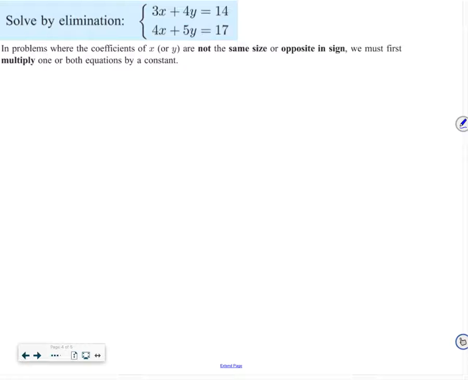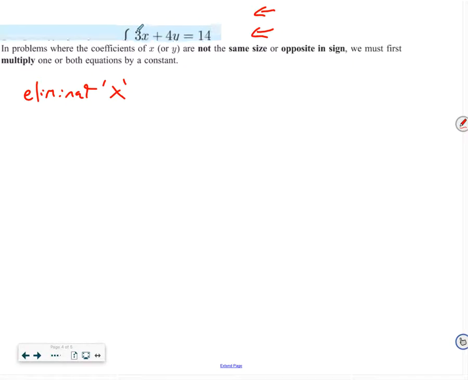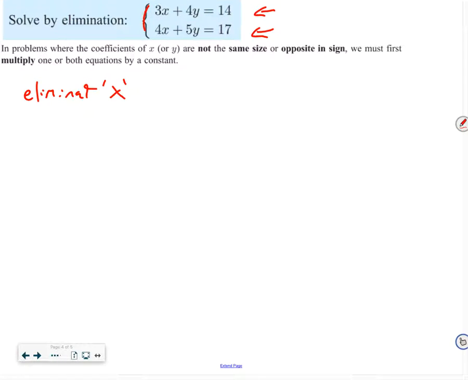Okay, so at some point I got to decide, do I want to eliminate my x's or do I want to eliminate my y's? So if I want to eliminate my x's, okay, I'm going to make sure that I'm going to multiply the top equation and bottom equation by a constant so that these numbers in front, okay, are the same but opposite in sign.